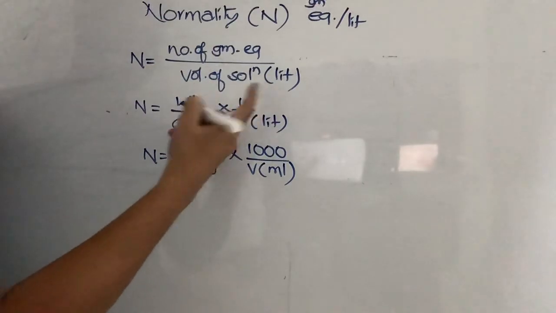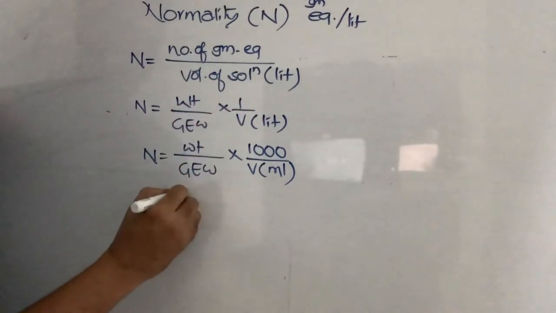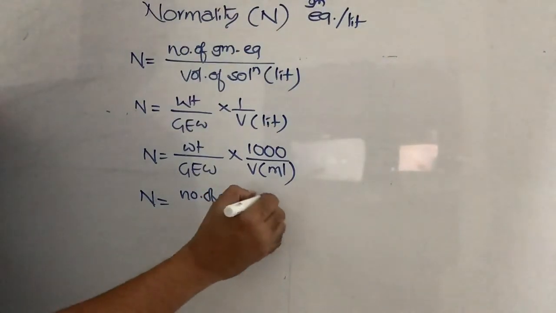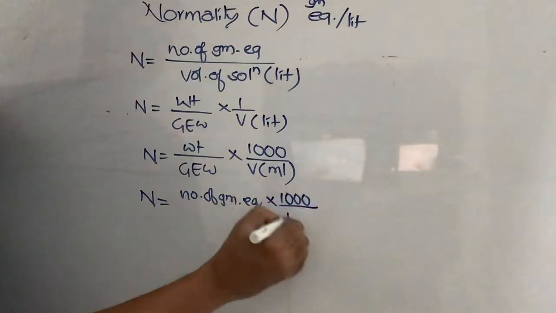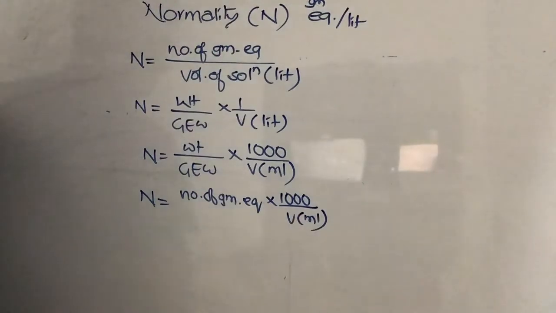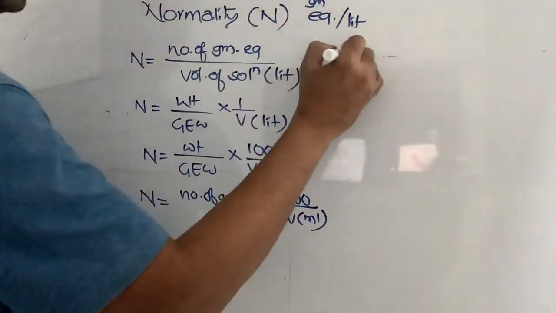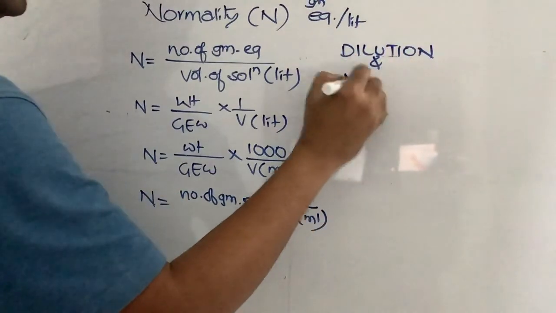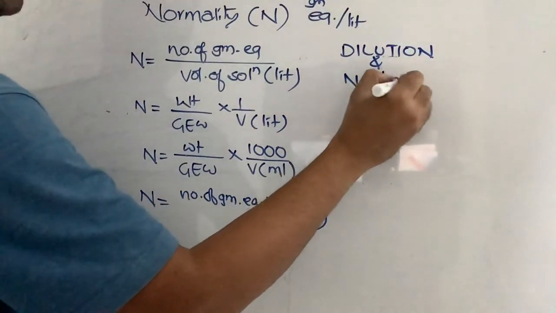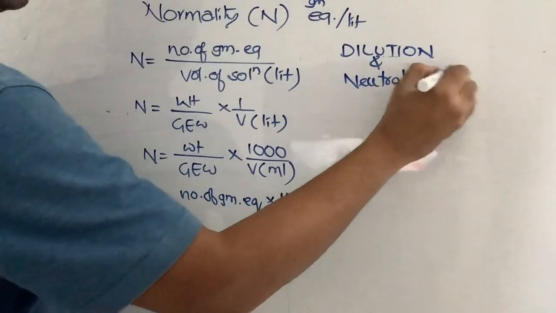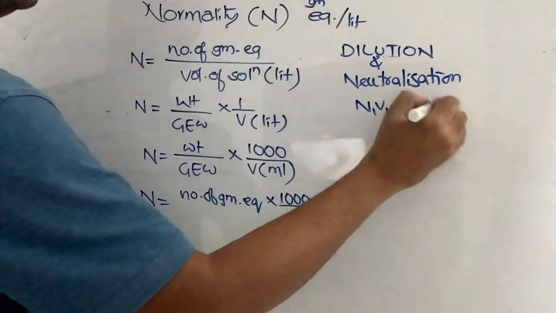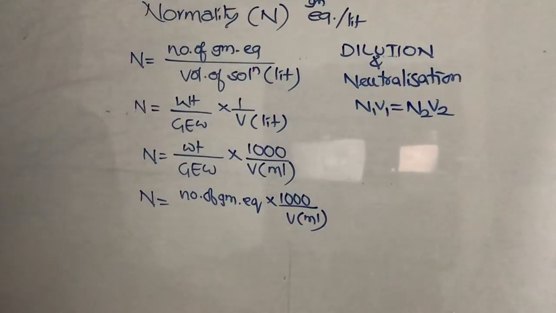Otherwise, N is equal to the number of gram equivalents into 1000 by V if it is given in milliliters. For dilution and for neutralization, the formula is the same: N1 V1 is equal to N2 V2.